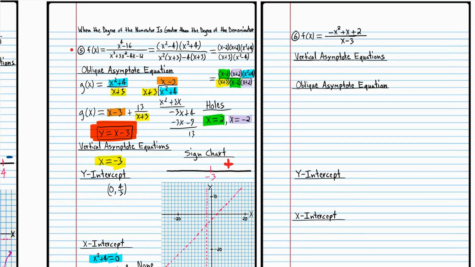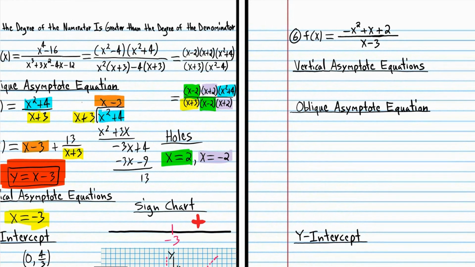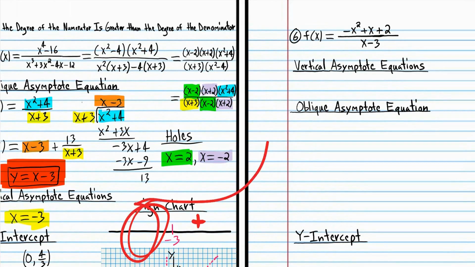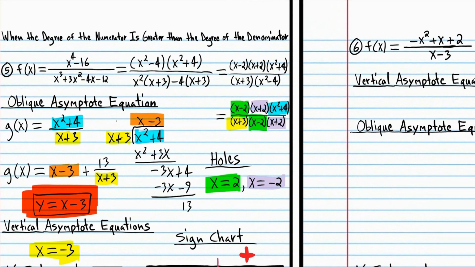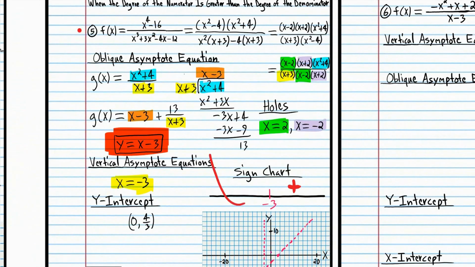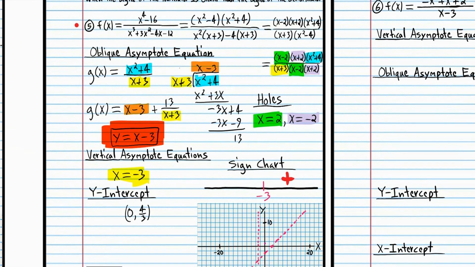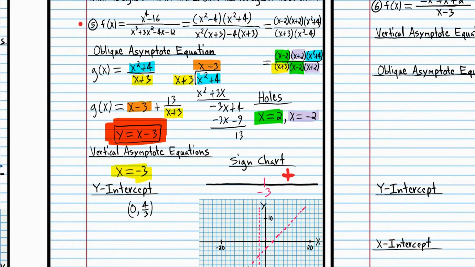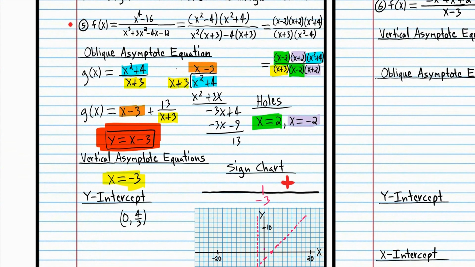And let's try plugging in -4 to test this region over here. I guess it's probably best to use the reduced form. Again, sometimes we can use the reduced form to help us. -4 is not where one of the holes occurs, so we can do that.